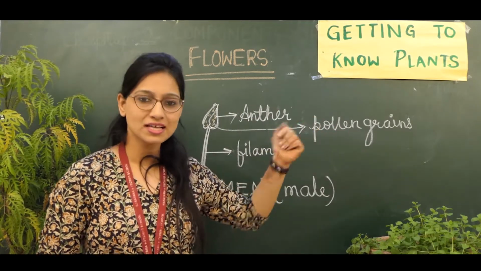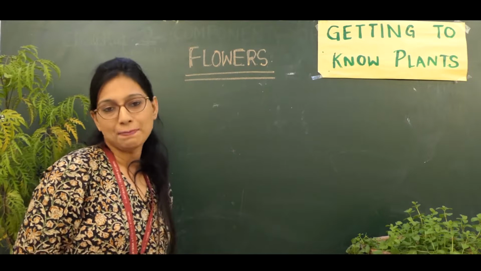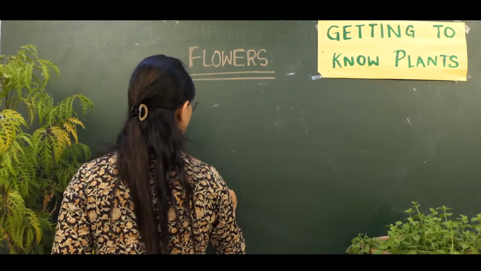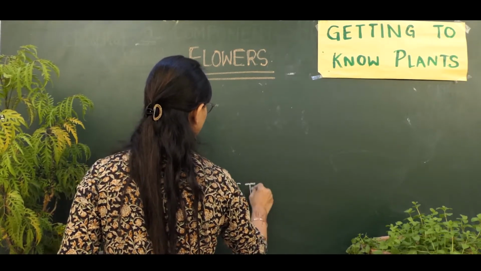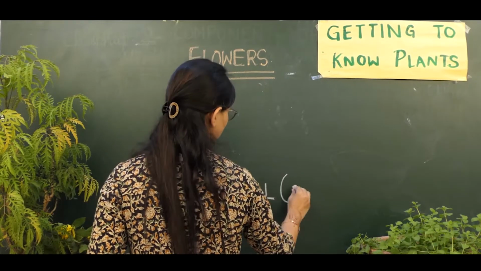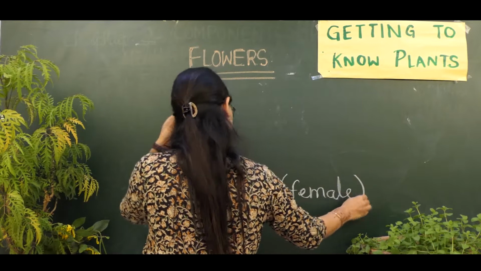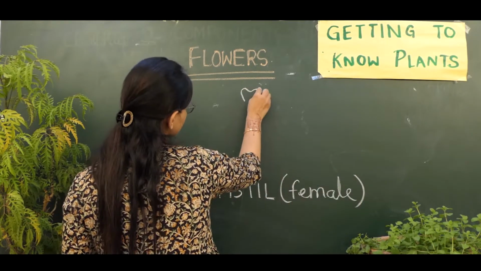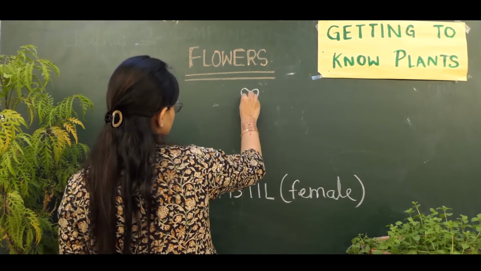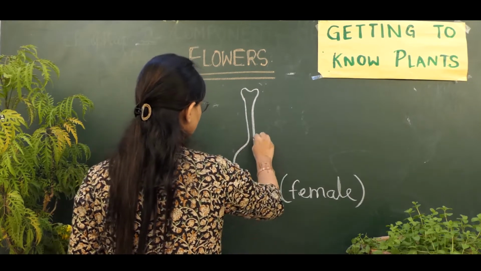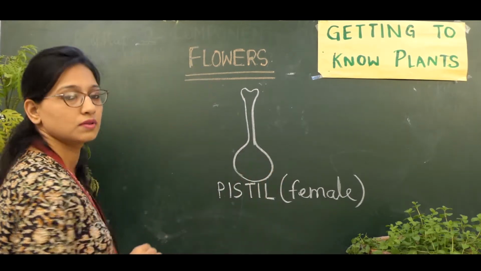Okay. Now let's see the female part of the flower. The female part is called the pistil. In the pistil there are 3 parts. Okay.